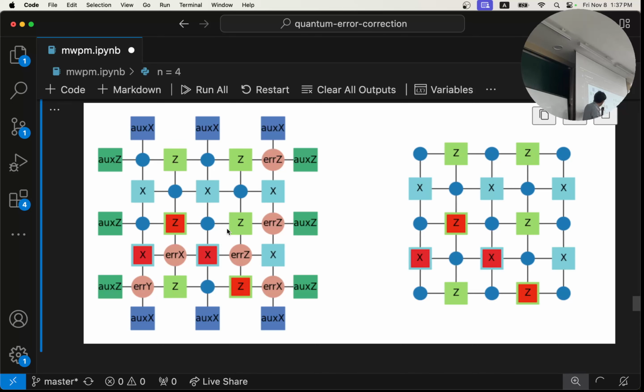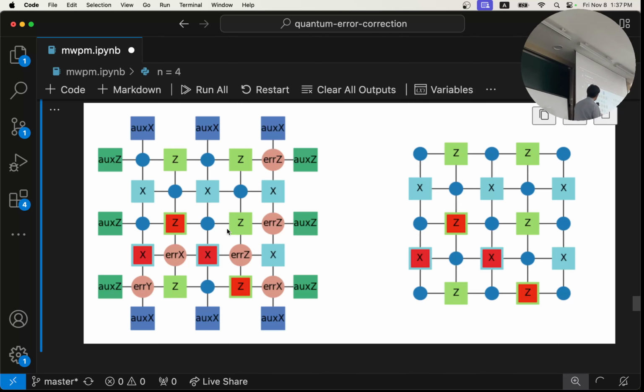So this one has the read off of 1 because the X error makes the +1 eigenstate of Z to -1. And same thing here. So this one and this one are detecting an X error that occurred on this data qubit.